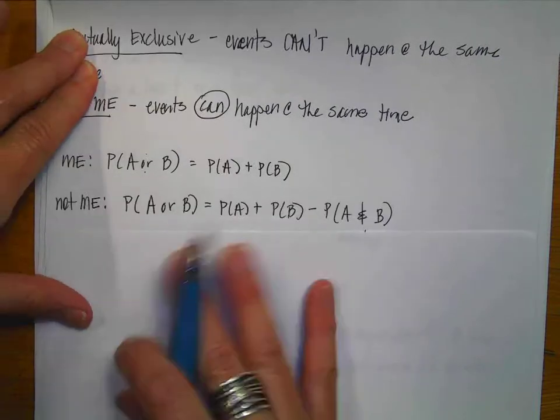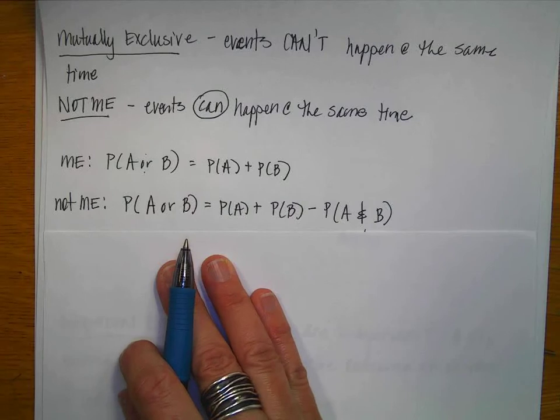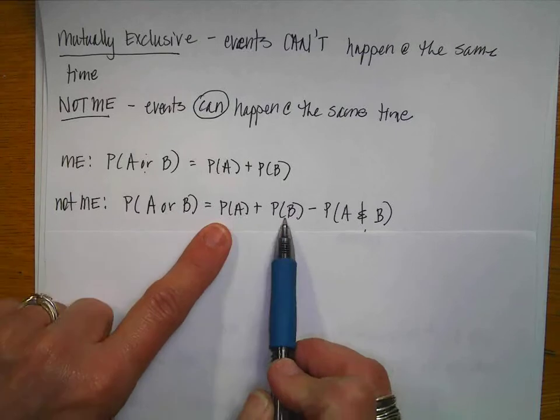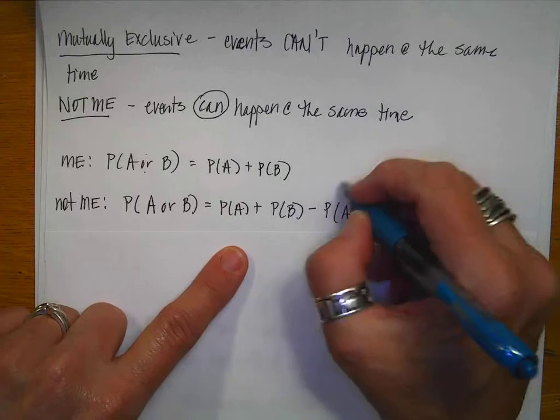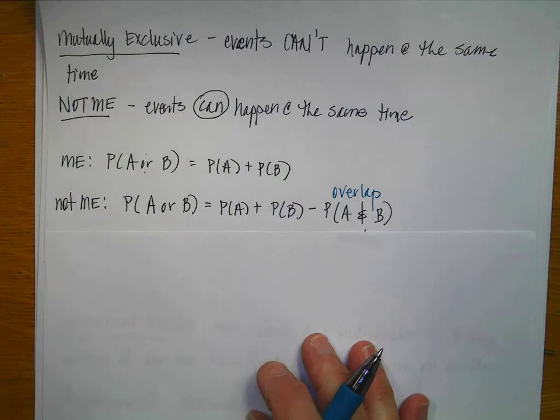Okay? If, on the other hand, I have a not mutually exclusive event, meaning that things can happen at the same time, and our next example is going to illustrate this, then the probability of A or B is the probability of A plus B minus the probability of A and B. I like to think about this as where the 2 probabilities overlap.